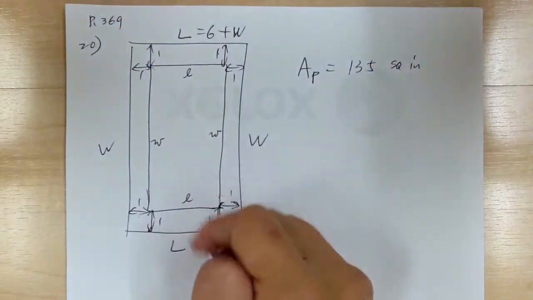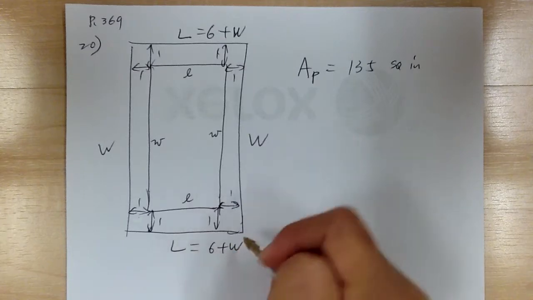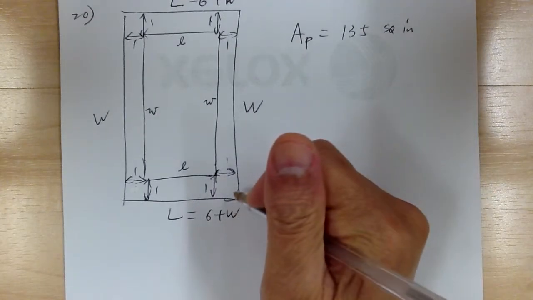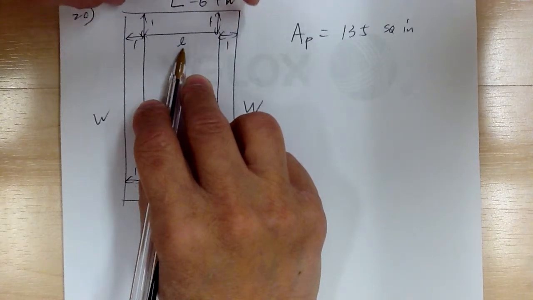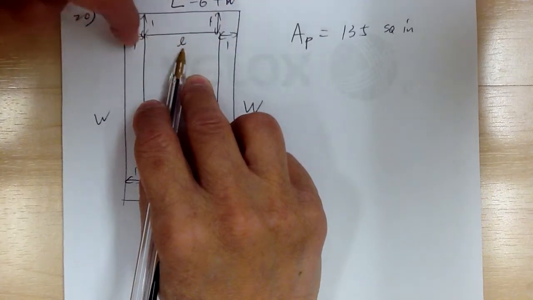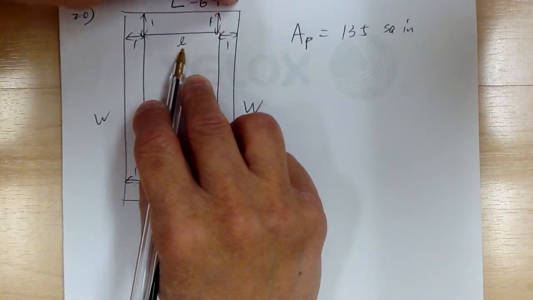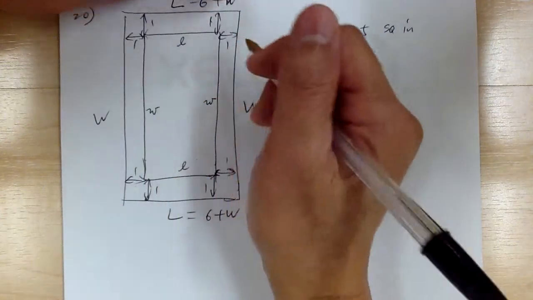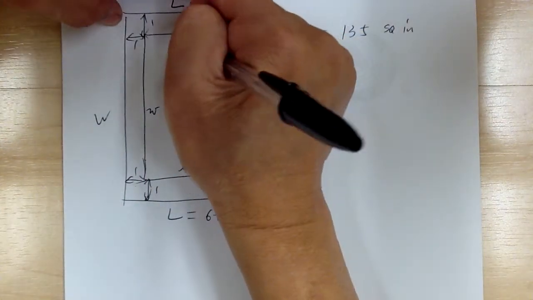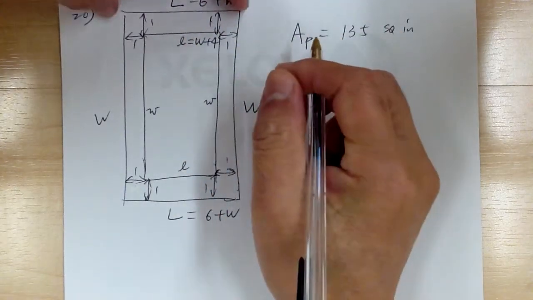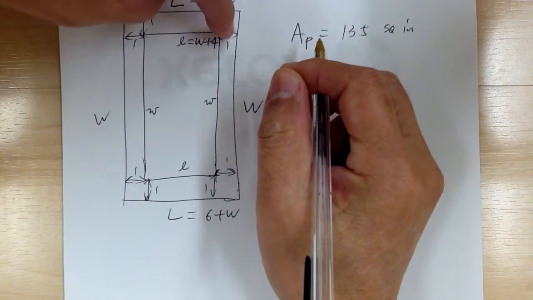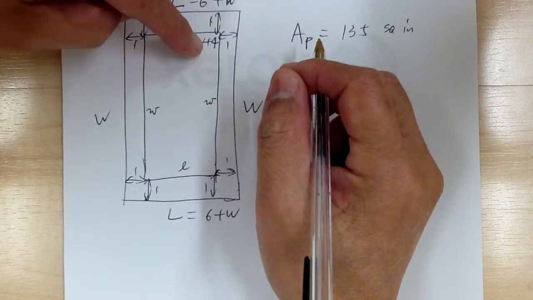It just has something to refer to. Okay, and then over here, so again the small l is going to be the big L minus 2. Okay, so it's this over here. So it's this minus 2, so it gives you equal to W plus 4. Okay, so again the outside minus this side minus this side will give you the inside, right?